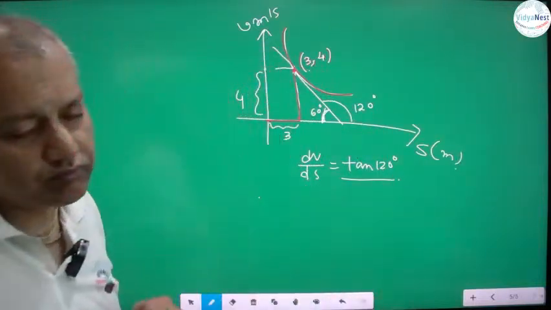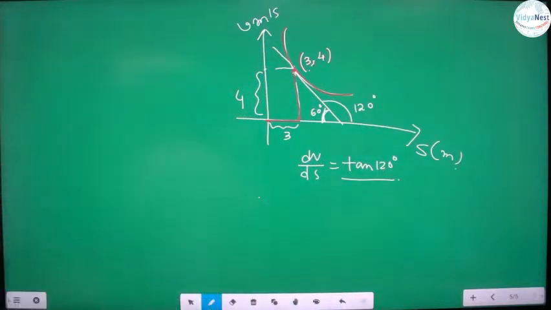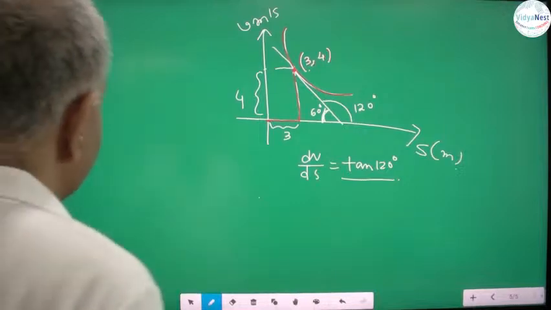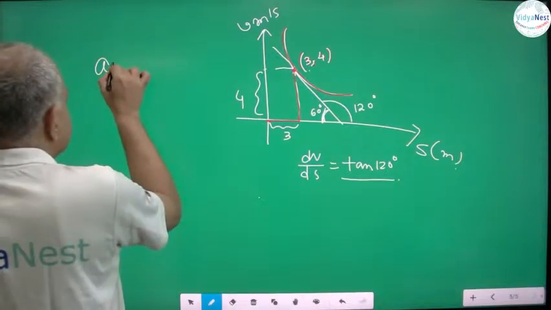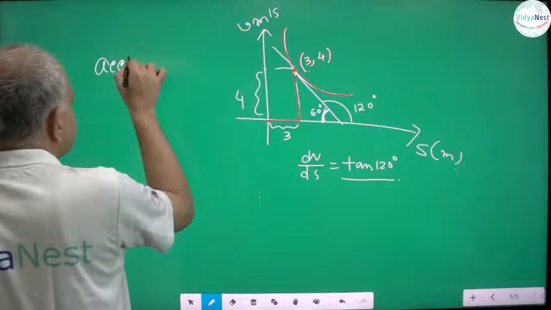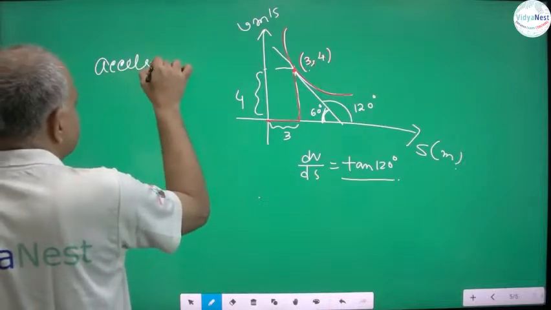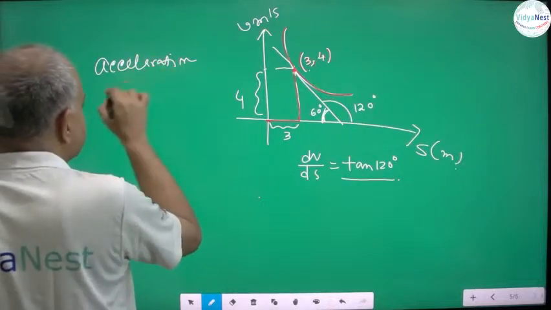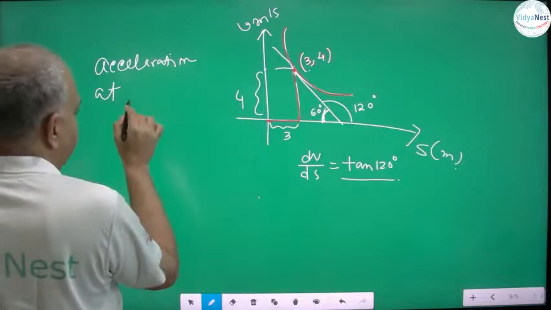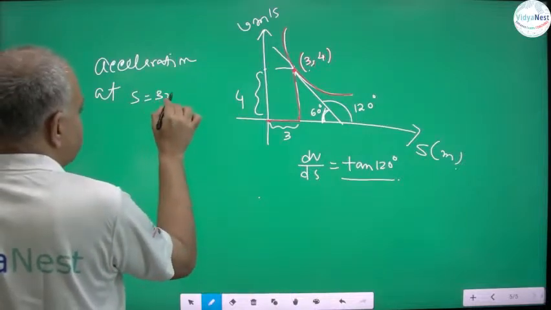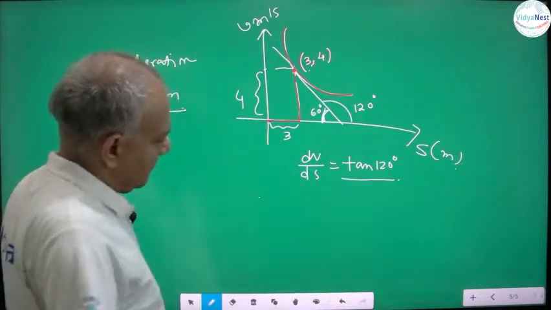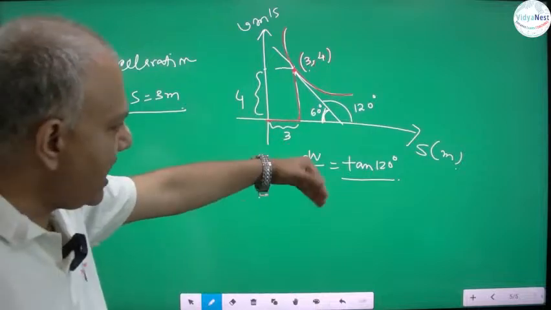Now the question is: what is the acceleration at s equal to 3 meters? From this data, we have to find the acceleration.